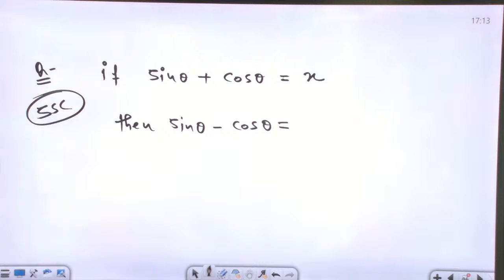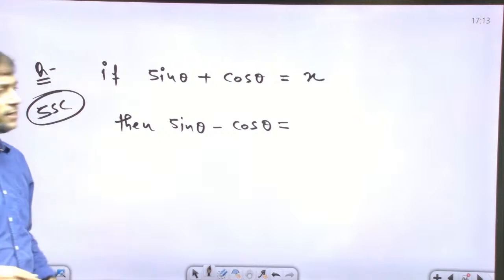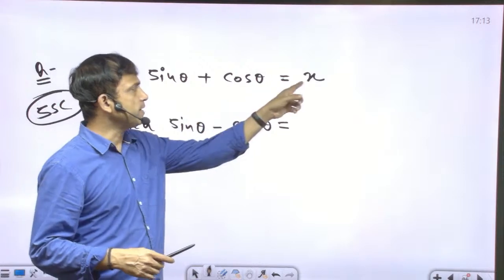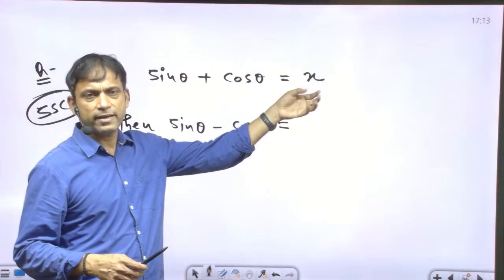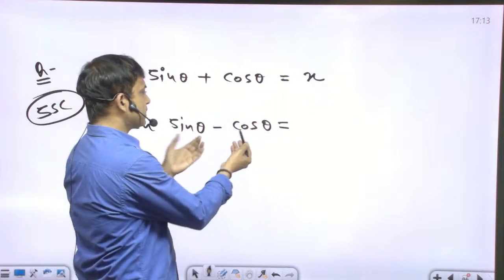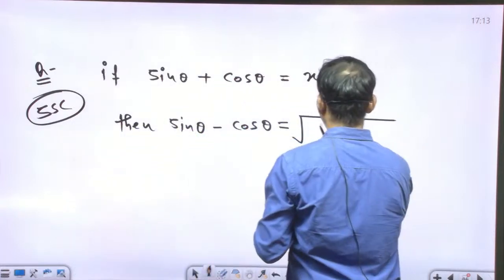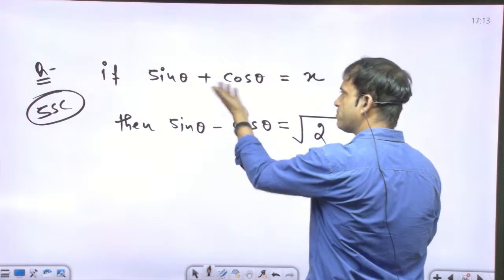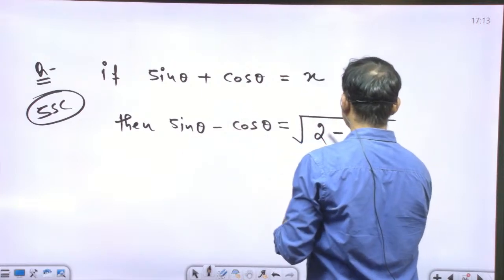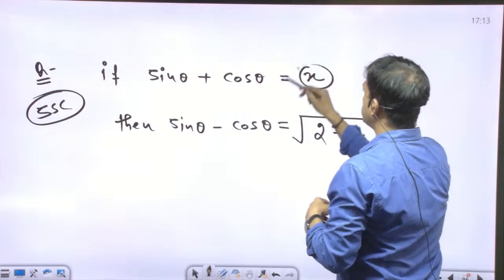Okay. Sin theta minus cos theta. Sin theta plus cos theta is x. In case of sin theta minus cos theta, always write under root 2. In any question of sin and cos, minus, then the square of this number.